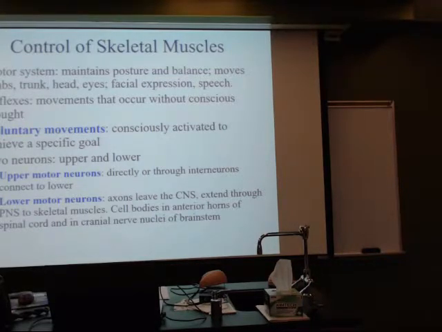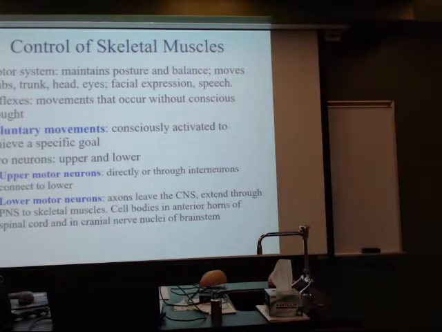Reflexes, posture, facial expression, speech. We're going to have part of voluntary, involuntary. The reflexes are not counted as voluntary.